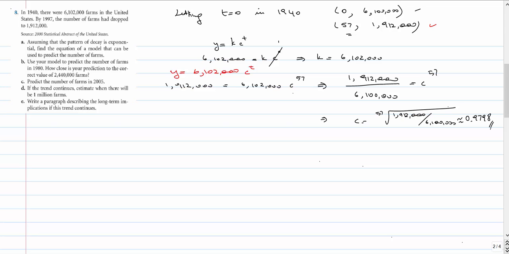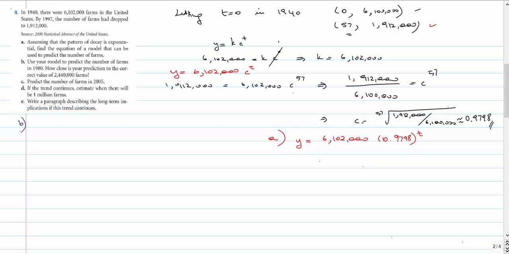So the equation of the function is 6,000,000 times 0.9798 to the power t. This is the answer for A.